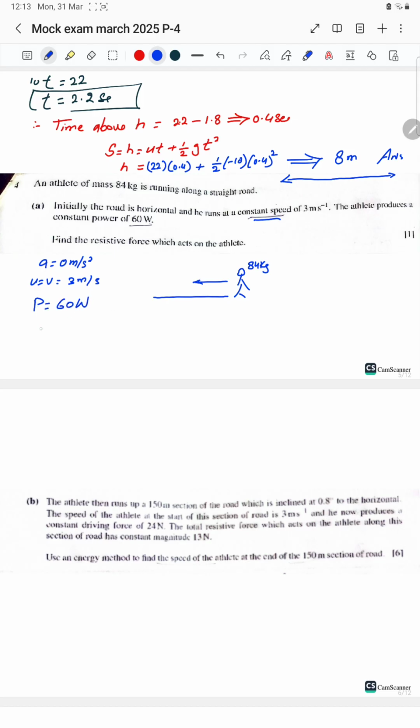We know that power is equal to what? Work done in unit time, and work done is what? As running, force times displacement over time, and we know d by t will be v, so F times v.